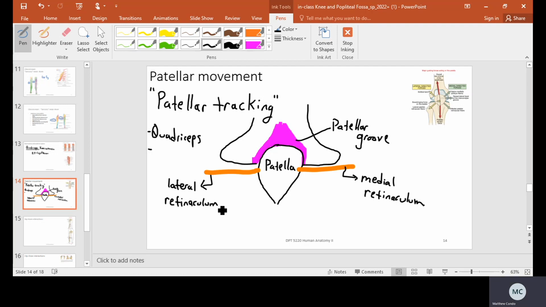Would it not lend then to my patellas coming inward, aka medial? It could. Varus, it could, right? Because now my quads are contracting a little more on the medial side, a little more medial vector. The answer is, it depends. It really does depend on the patient.